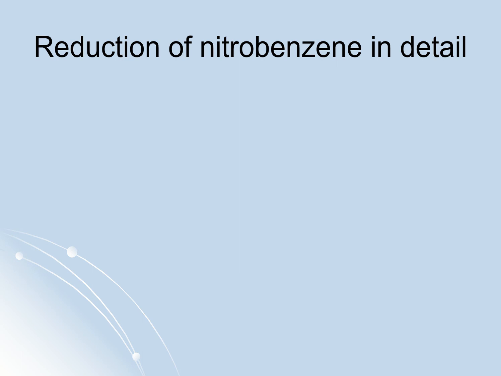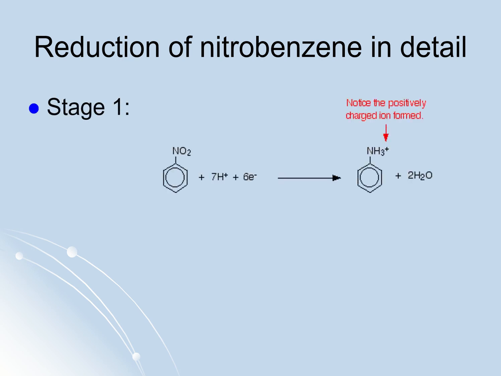Now, we need to look in a little bit more detail at the reduction of the nitrobenzene. The first thing that happens to the nitrobenzene made from step 1 is that our tin provides electrons, so that's the reason for the tin, and of course our HCl is the source of hydrogen ions.